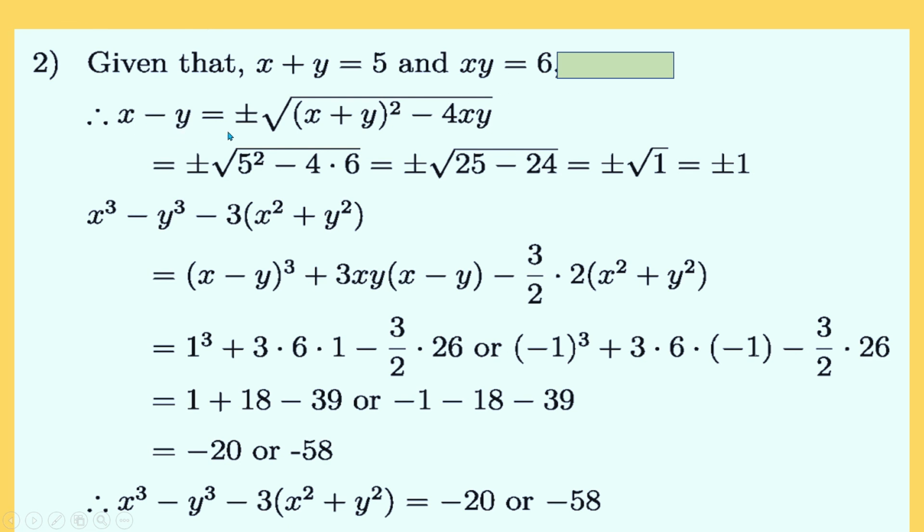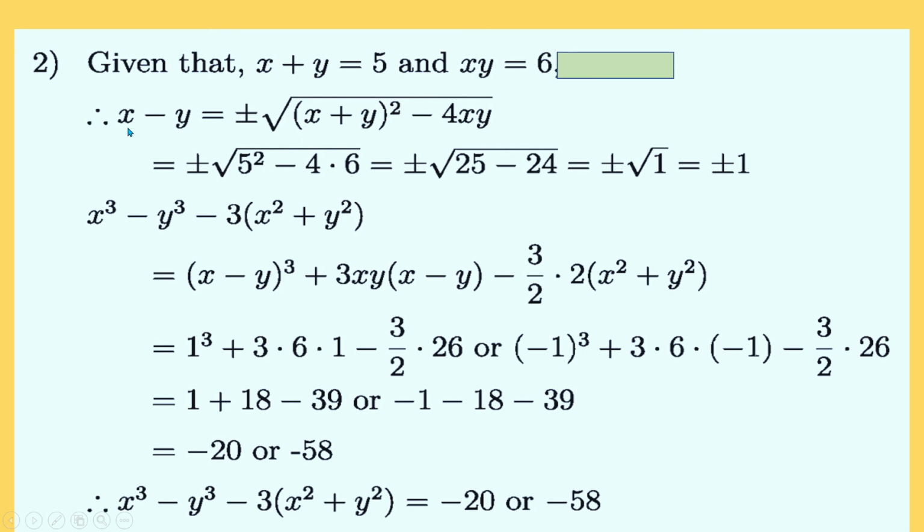Therefore x minus y equals plus minus the square root over x plus y whole square minus 4xy. This is a corollary. When we use the square here, we get x minus y whole square means x plus y whole square minus 4xy.